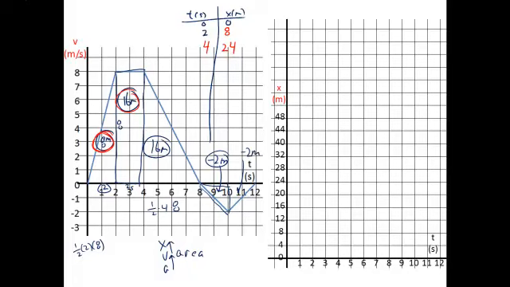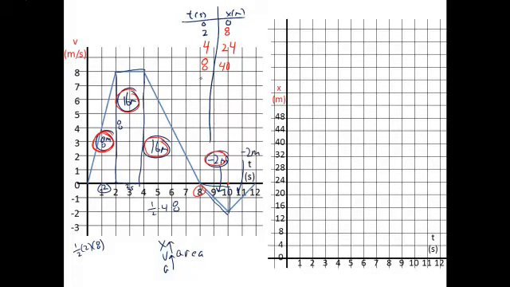Then after 8 seconds, right here, I add up all previous displacements. So 16 plus 24 will give me 40 meters. And then after 10 seconds, I'm going to take -2, 8, 16, 16.